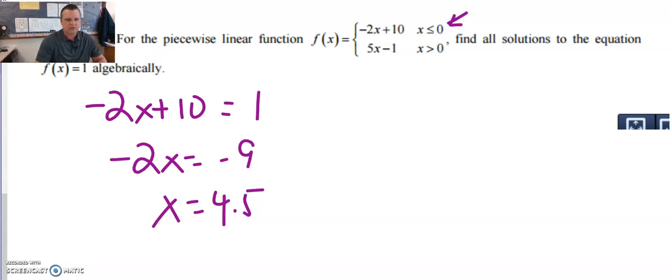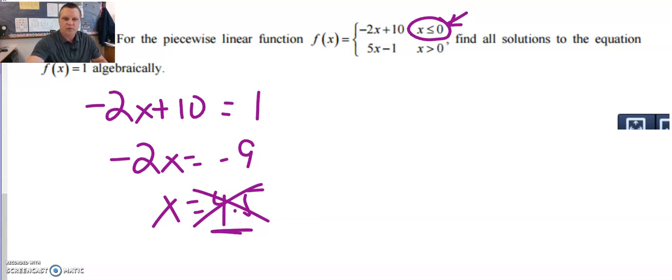So you say, oh, is that a solution? It is hypothetically a solution, because if you put 4.5 into that, it's going to give you 1. But my domain restriction is x is less than or equal to 0. And 4.5 is not less than or equal to 0. So this one will not be in this linear function.